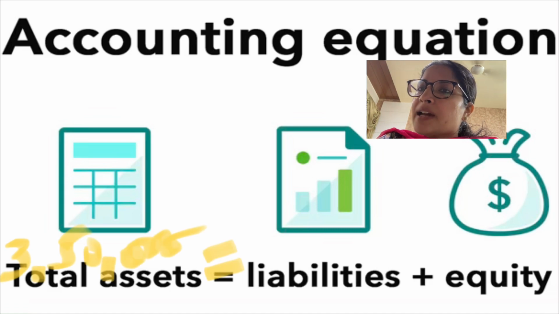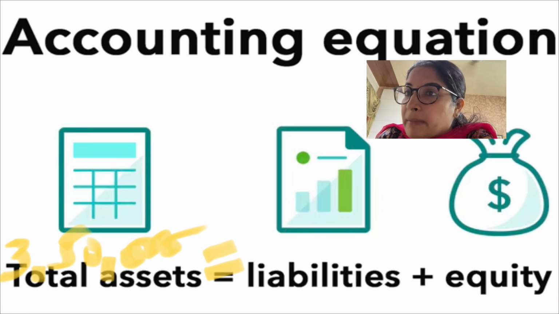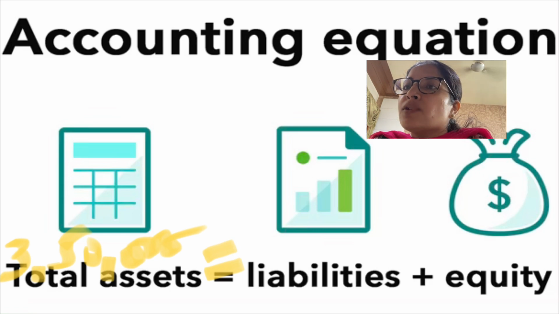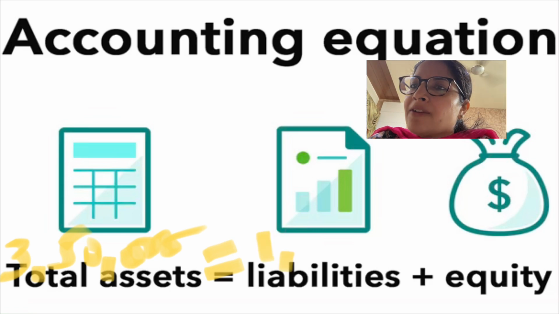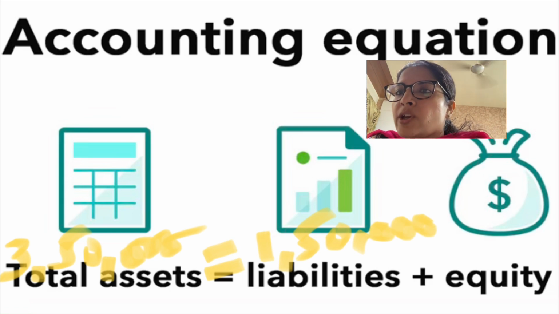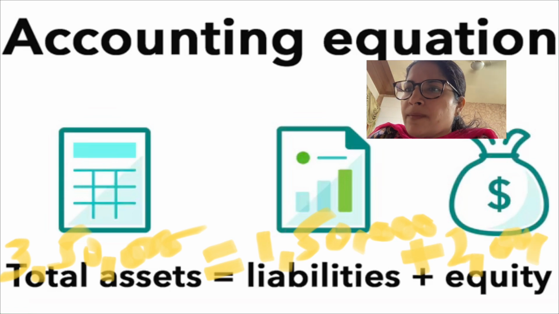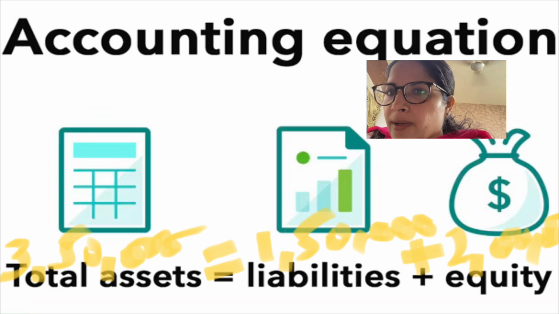And at the same time, you have given rise to your liabilities because you have not made the payment in cash. So now your liabilities will also be 1,50,000. Earlier this was 50,000, right? And there is going to be no impact on your equity, right? So the equity was 2 lakh, it's going to be 2 lakh only, right?